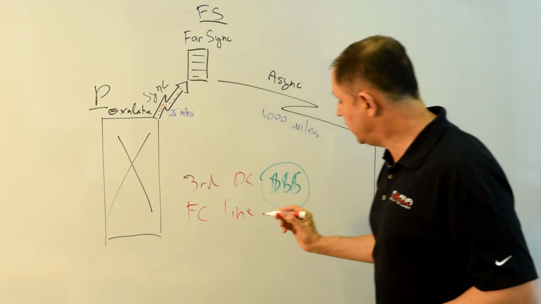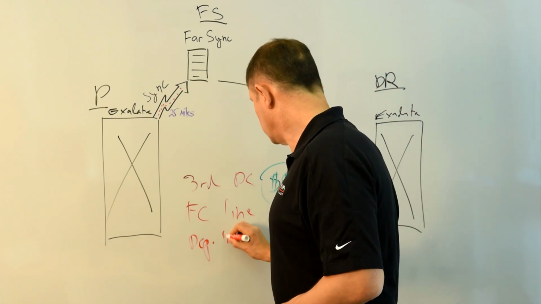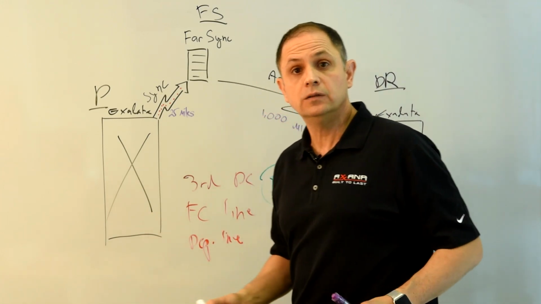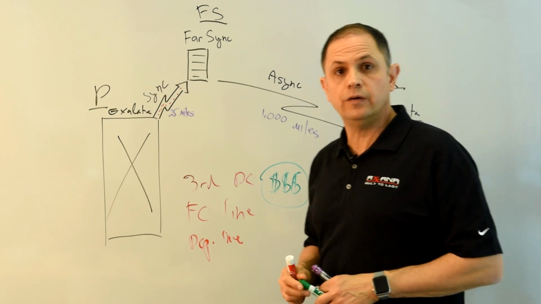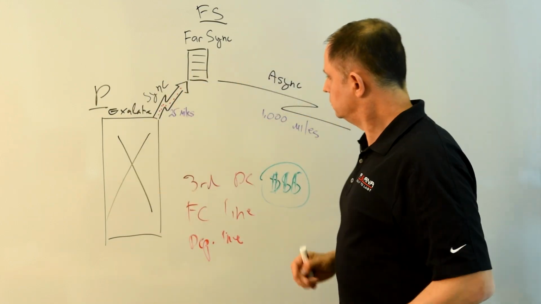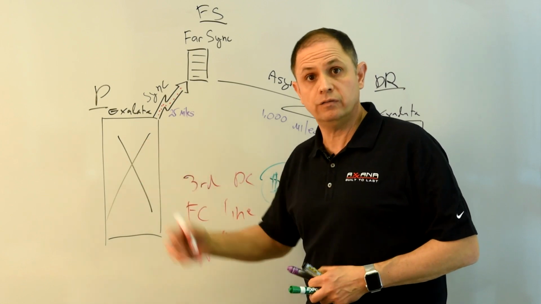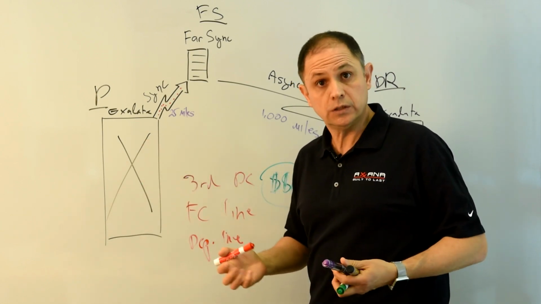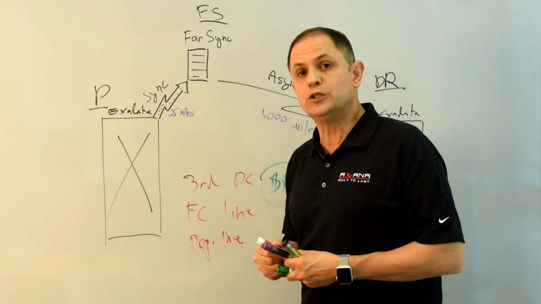So you're dependent on the line, on a line cut, on a line delay. And another scenario that is very risky, which renders this whole costly, complicated, ineffective scenario useless, is if you had a regional disaster.